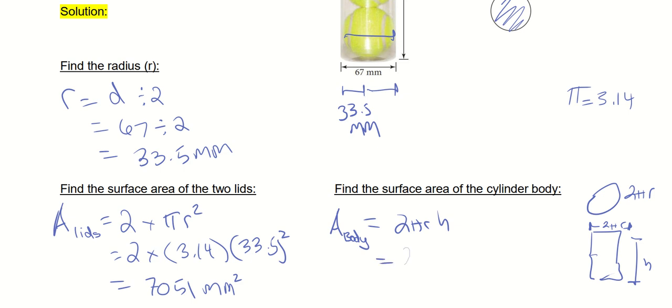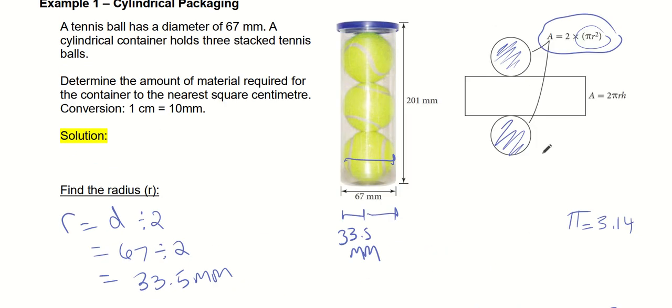Okay, let's drop our numbers in. Pi is 3.14. Radius, oh, that's a big number. 7051 multiplied by, so that's 2 pi, and then the height here in this case is this number here.